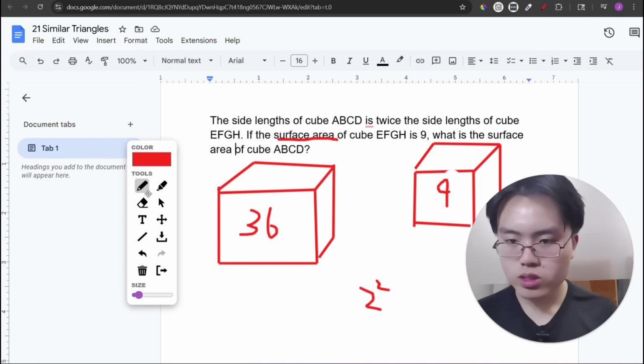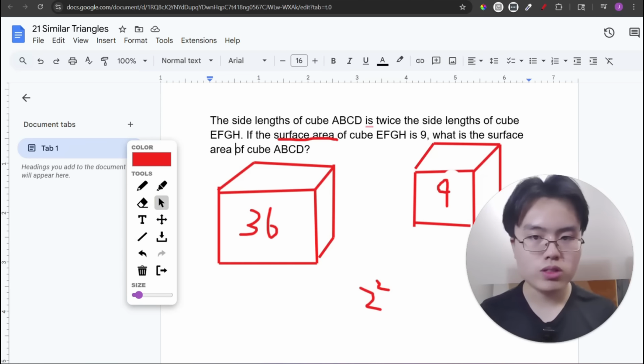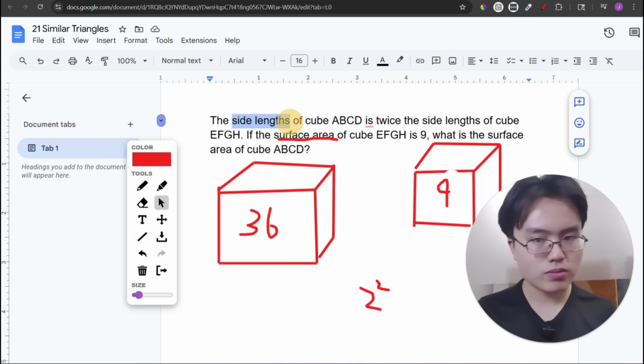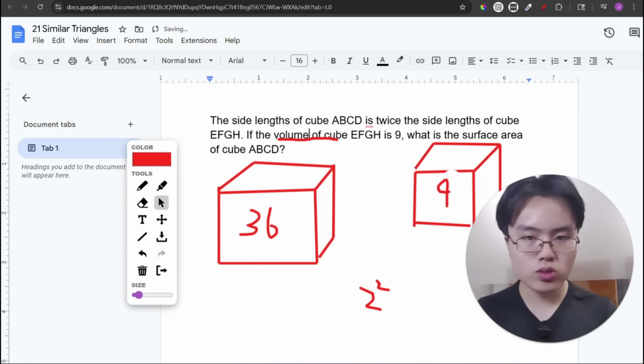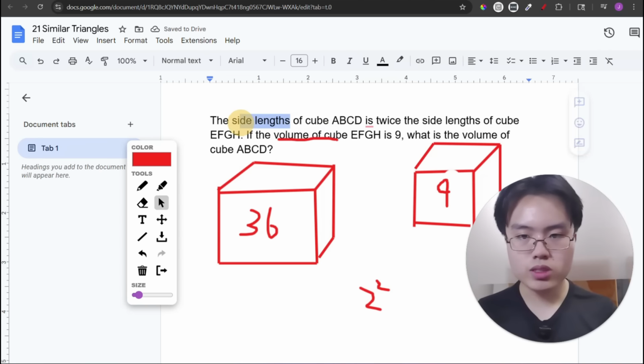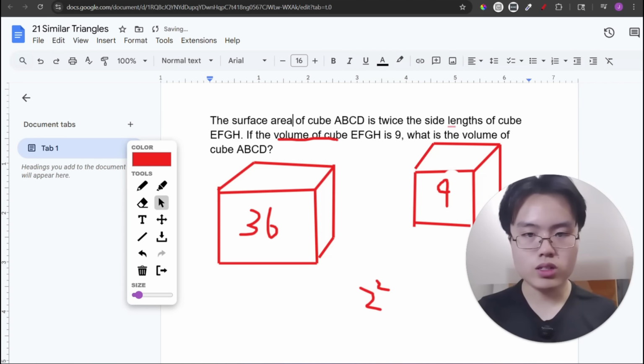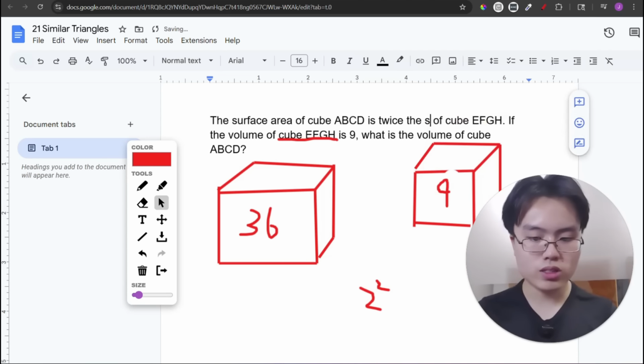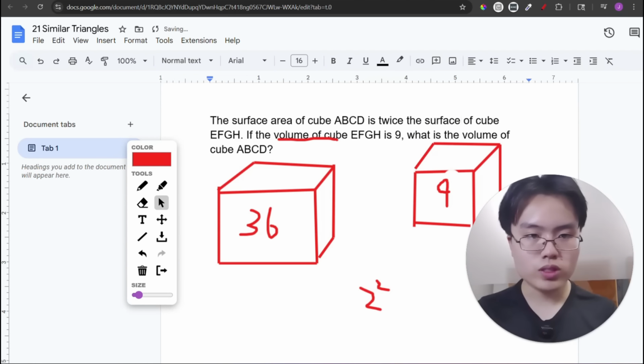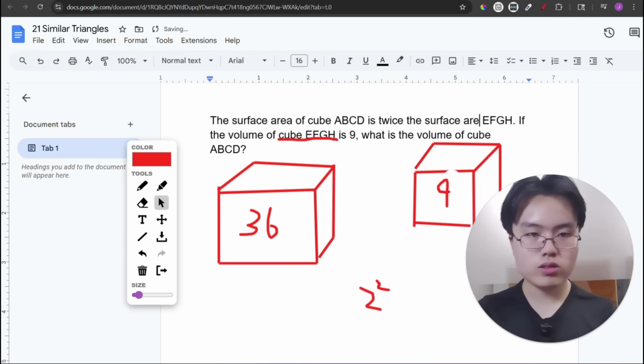Now let's change up the question even more and make it even harder. Instead of side lengths, I'm going to change this back into volume. So, what is the volume of this? But instead of side lengths, I'm going to say the surface area of cube ABCD is 25 times the surface area of EFG.